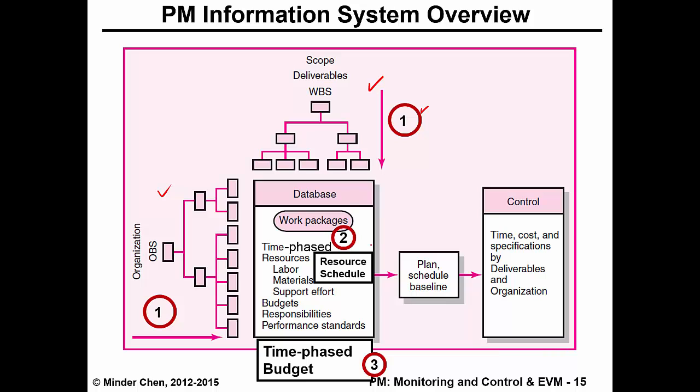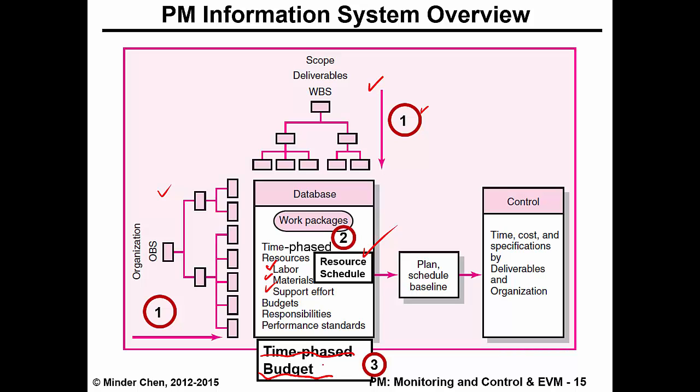At the same time, we need to come up with a resource schedule and adjust our time schedule, sometimes based on resource availability or utilization. The resources can be labor, material, and some additional support effort. And with that, we will come up with a time-phased budget.